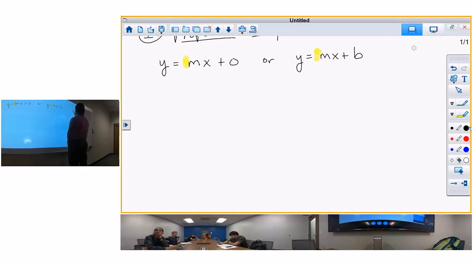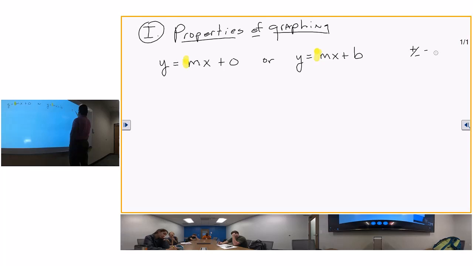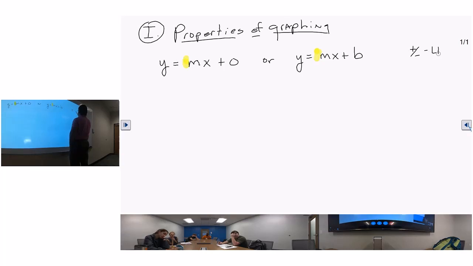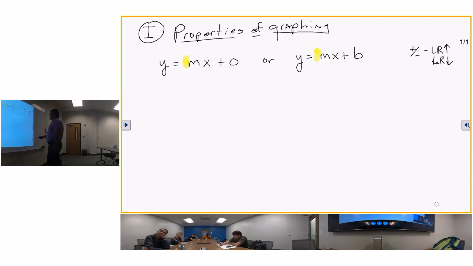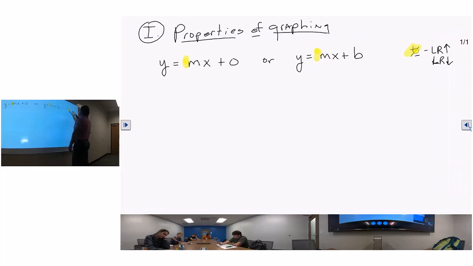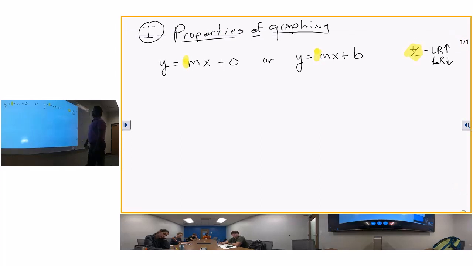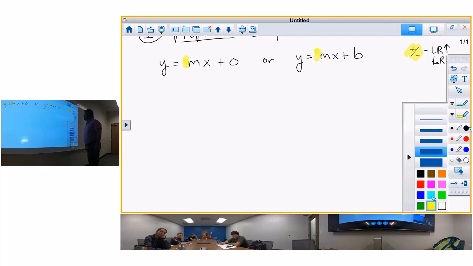It's either going to be plus or it's going to be minus, and that tells you the direction of the line, left to right up or left to right what? Down. If it's positive, it's left to right up. If it's negative, it's left to right down. If nothing is there, it's assumed to be what? A positive.